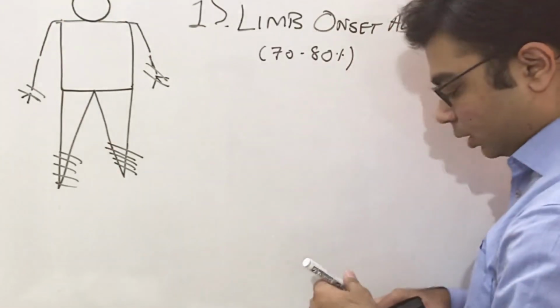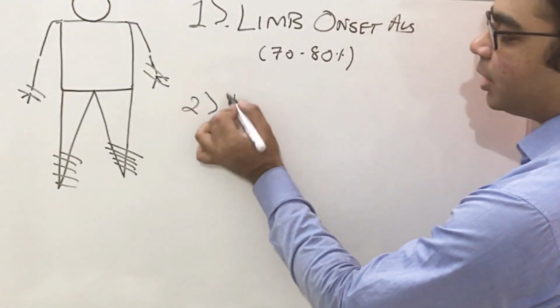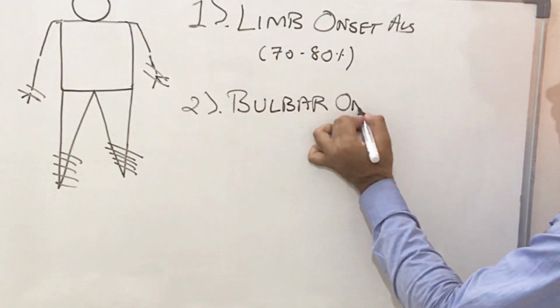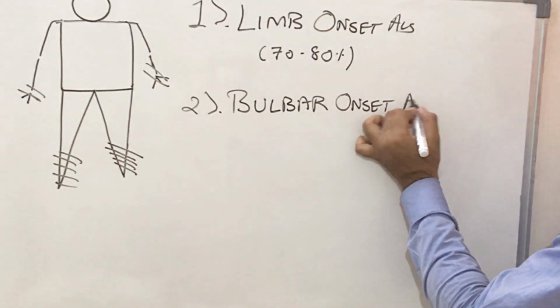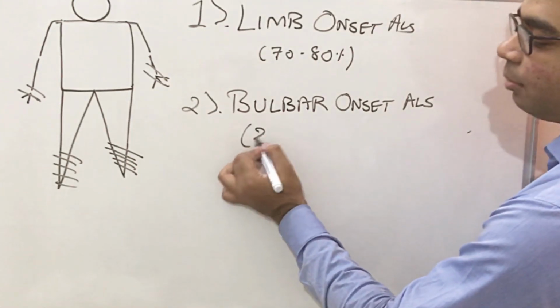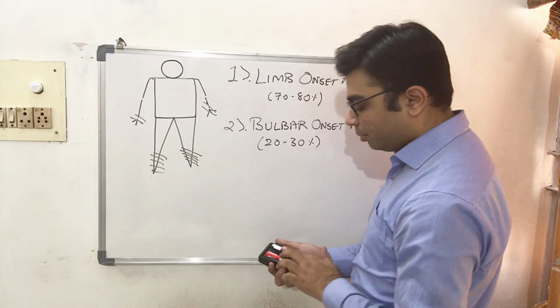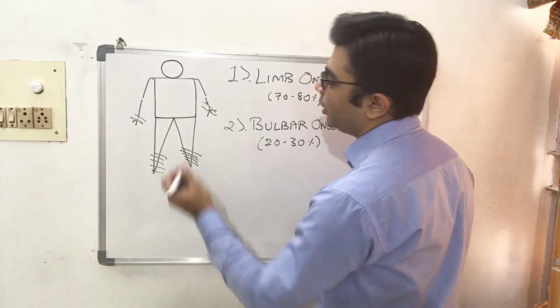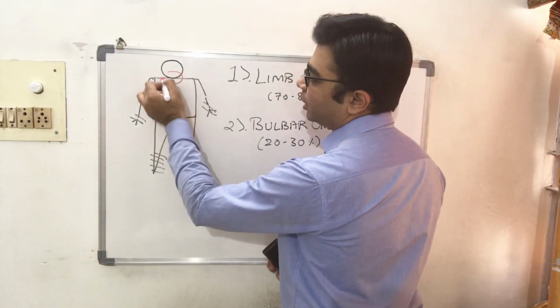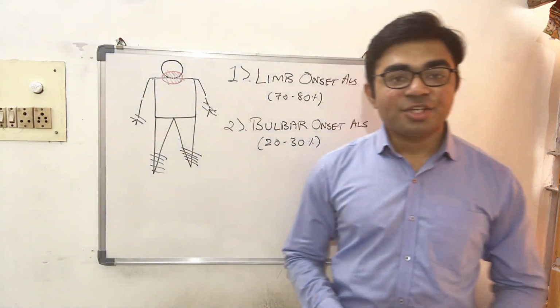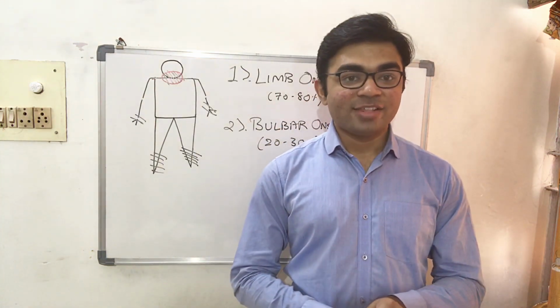And the second one is bulbar onset ALS, which is developed by 20 to 30% of patients, in which the patient shows symptoms related to bulbar muscle weakness. So that was all about the beginning of the disease.